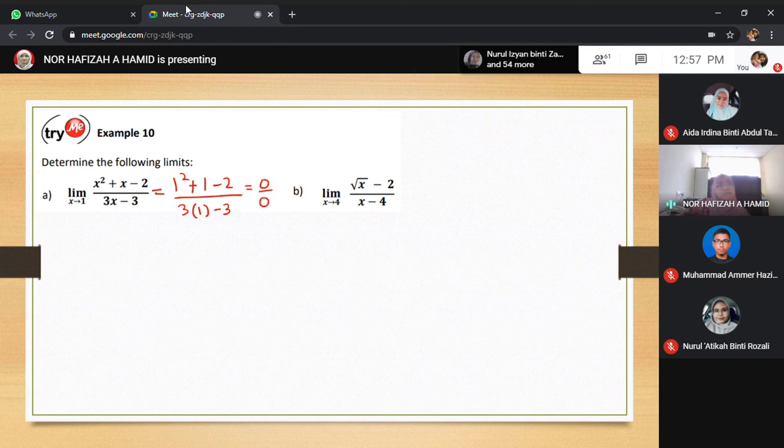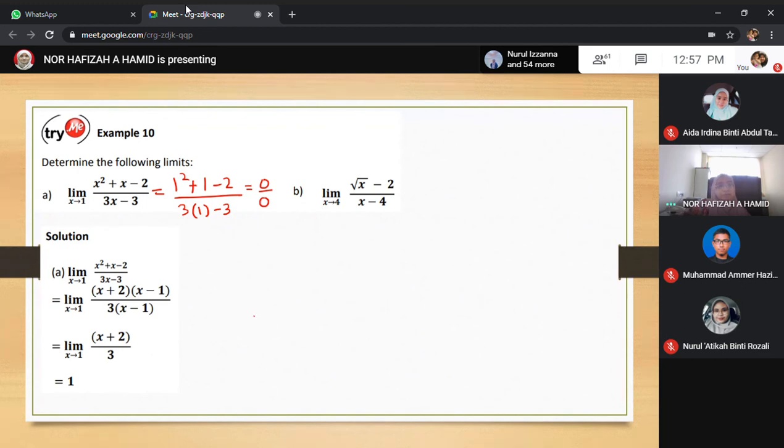Next you factorize. So you factor, you have this. The factor for the numerator is x plus 2 and x minus 1. And for the denominator you also factor because you want to cancel the common factors.